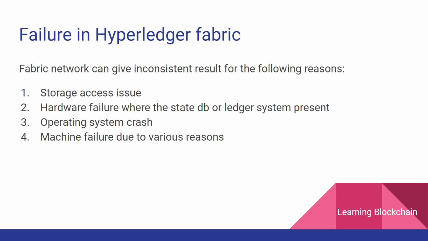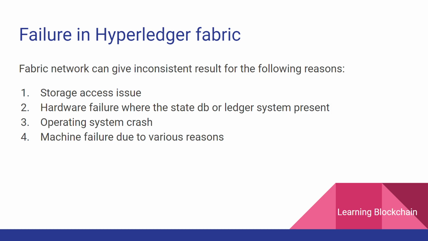That we will discuss in this lecture. It is very interesting because Hyperledger Fabric is already designed to tackle those kinds of situations. So as a deep dive, we need to know how Hyperledger Fabric actually tackles these failure scenarios.